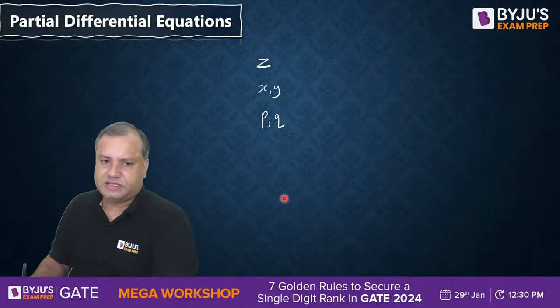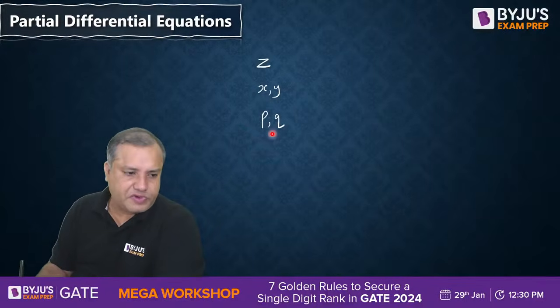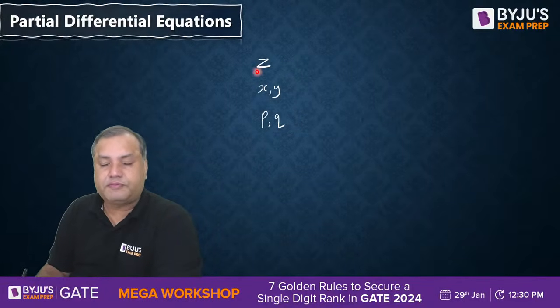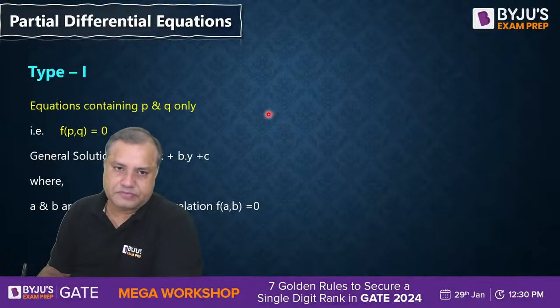Okay. So depending on which of these 5 parameters are present in the differential equation, we have got 4 different cases.